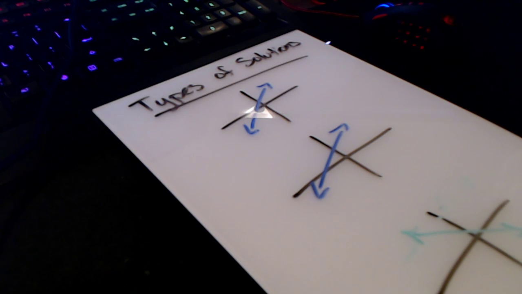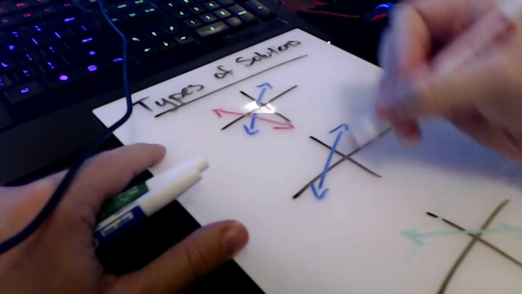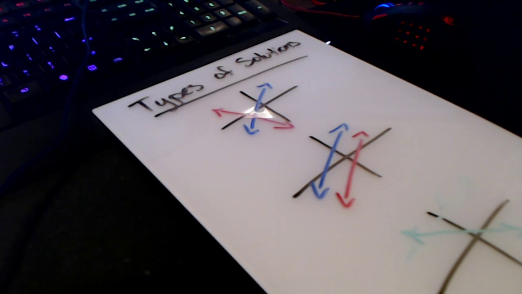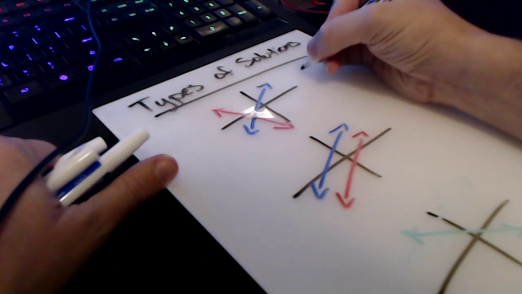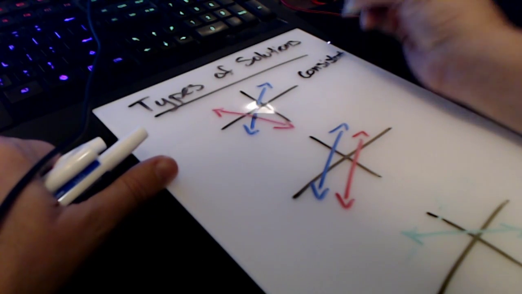And really what we're going to see is we have three different types of solutions. So here we could have a line that's coming across and going like this. Here we might have a parallel line. And here the lines are actually one. They're the same line. If we have this singular point where they intersect, this is called a consistent solution.